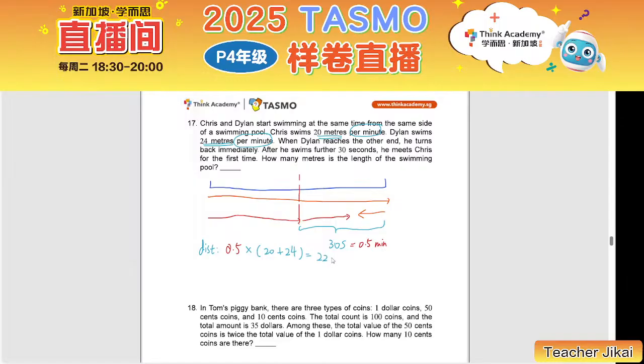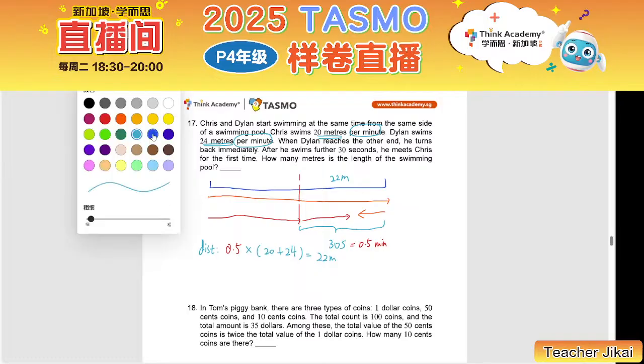So here it is 22 meters. So what does the 22 meters here represent? It is the difference of distance between Chris and Dylan, right? For every minute, Dylan will travel how many meters more? 24 minus 20, right? This is the difference of speed.